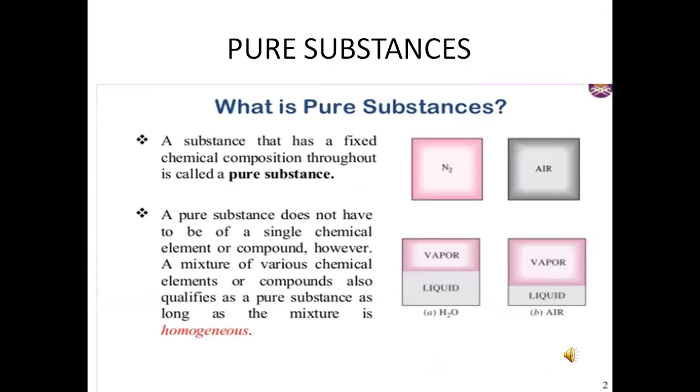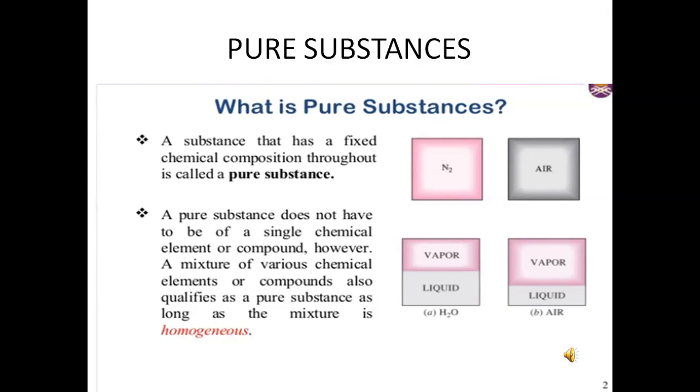A substance that has a fixed chemical composition throughout is called a pure substance. A pure substance does not have to be of a single chemical element or compound. However, a mixture of various chemical elements or compounds also qualifies as a pure substance as long as the mixture is homogeneous.